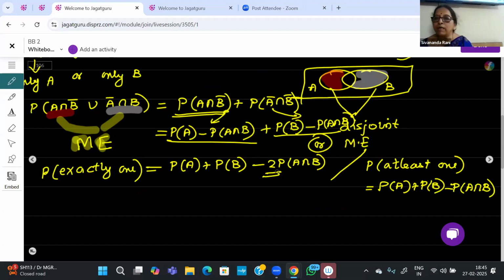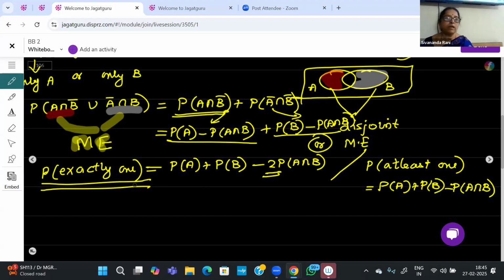So if it is at least 1, it is merely P of A intersection B that gets subtracted. If it is exactly 1, it is twice P of A intersection B that gets subtracted. So that's the difference between these two. So this is known as addition theorem. So this is a different context. Okay, we have exactly one situation here: P of A plus P of B minus 2 times P of A intersection B.